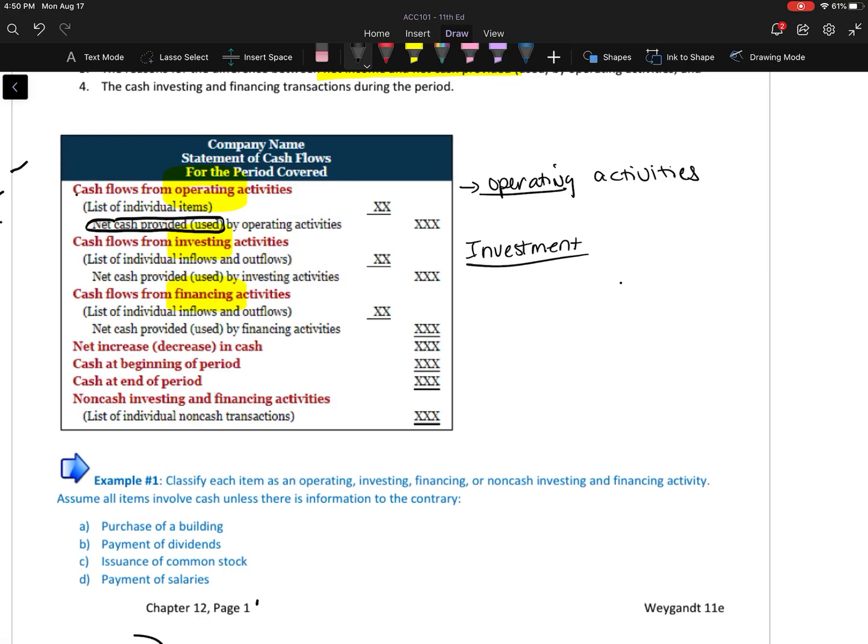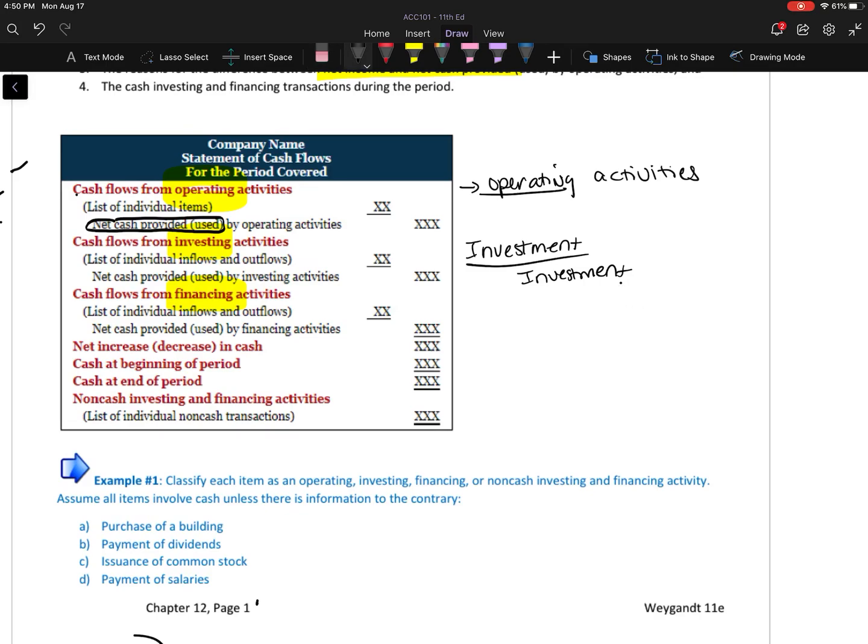Next is investing activities, and I like to personalize this. If you had extra cash to invest in something, what would you invest in? Well, you might buy investments, or you might actually purchase a car, a house, or the like.